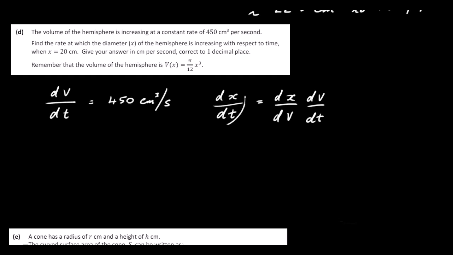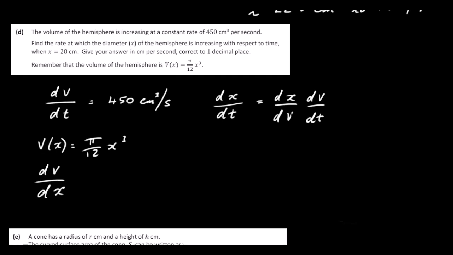Okay, so we need to find this. We know what this is, it's 450. We just got to work out what this thing here is, dv/dx. But they give us a formula here. They tell us that v of x is equal to pi over 12 x cubed. So we can differentiate v with respect to x.